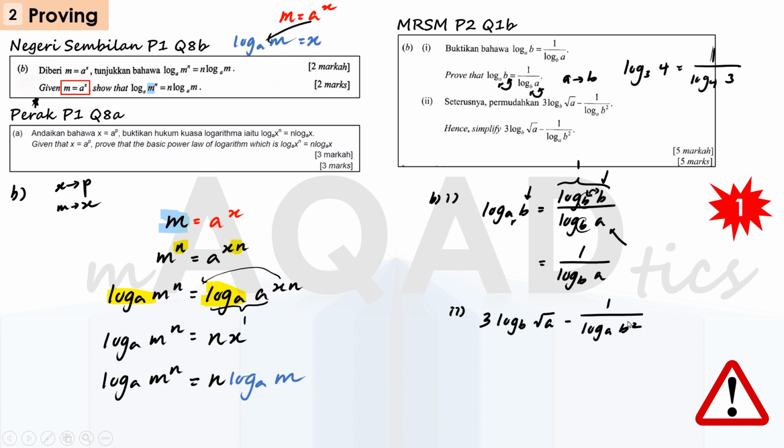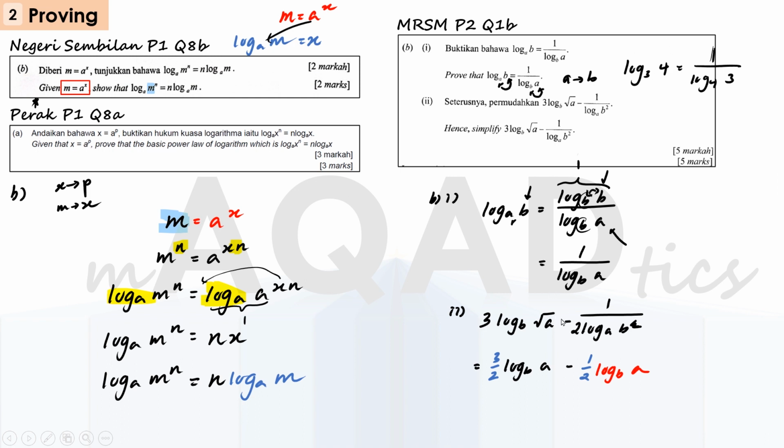Okay, but let's move this 2 to the front first because I don't want the square to be in here as well. Okay, so this 2, let's move it to the front, and then we use this formula to help us change these 2 places. So this one will become b over a, and the 1 over will be removed, right? Because we are going from here to here.